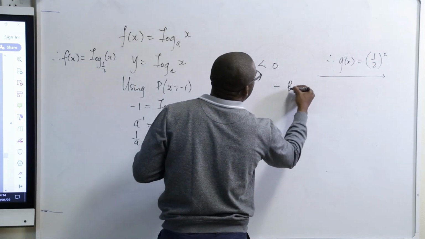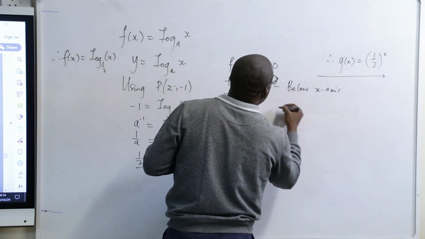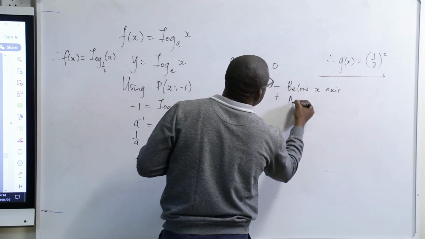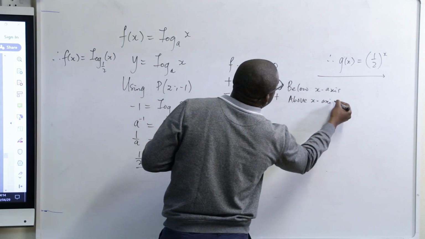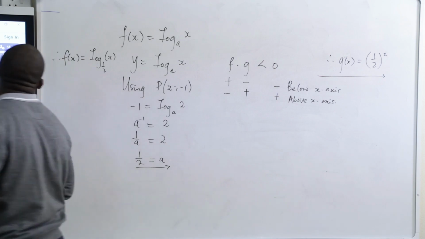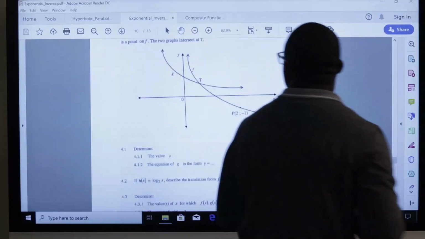Negative implies below the x-axis, and positive implies above the x-axis. So what we desire is a scenario whereby one of the graphs is above the x-axis while the other is below the x-axis simultaneously.